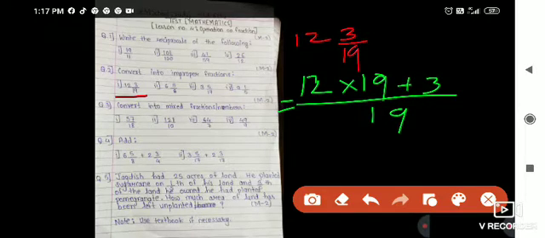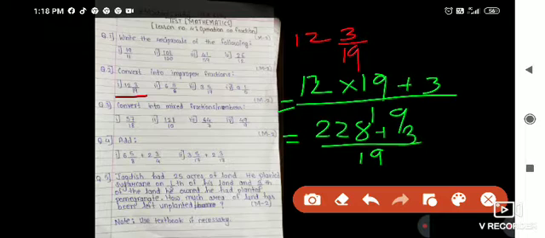When you solve 12 into 19, the multiplication of 12 and 19 is 228. 228 plus 3 upon 19. Okay, and when we add 228 plus 3, it equals 231 upon 19, which is the answer for this conversion to an improper fraction.